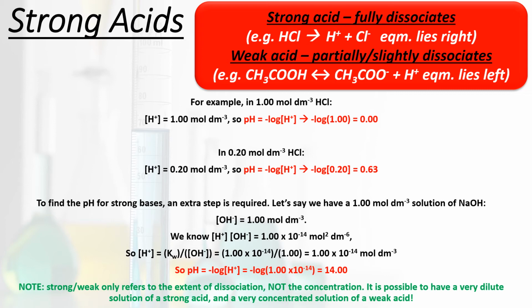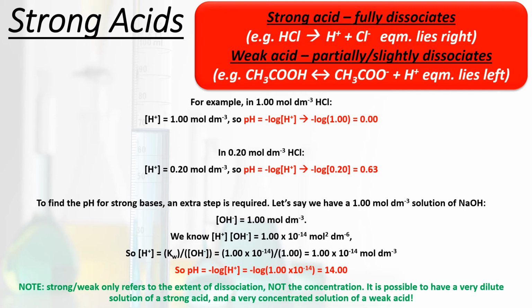So whatever the concentration of a strong acid is, it's also the concentration of the H plus ions. So we use our pH expression, minus log of H plus. We do the minus log of 1, and that gives us a pH of 0. And remember to give the pH to 2 decimal places, so 0.00.